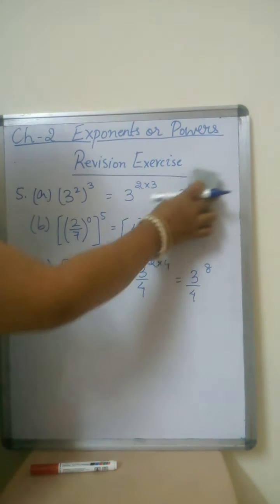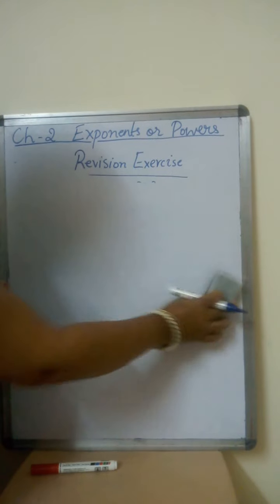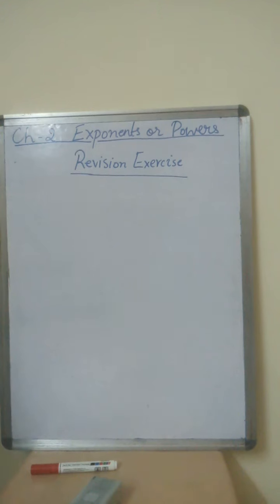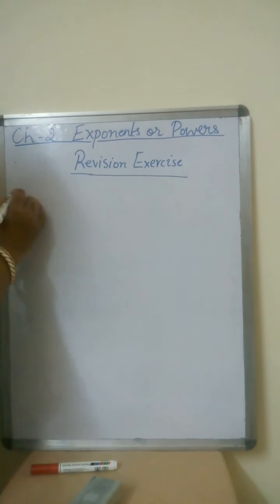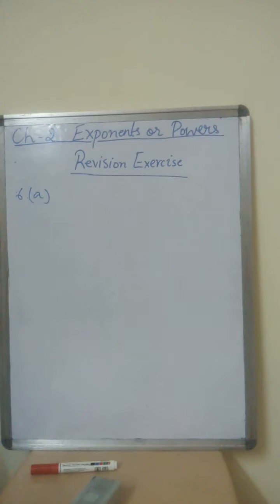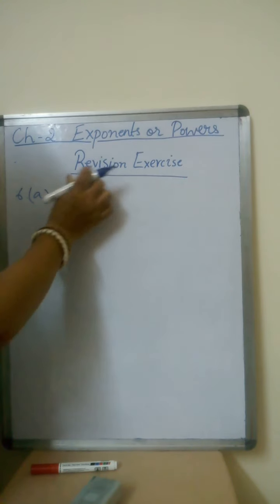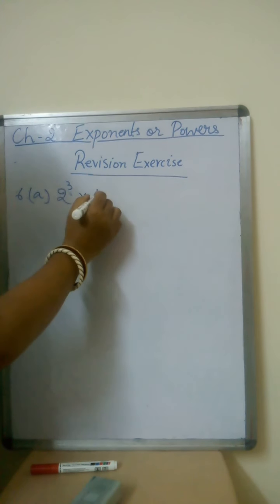Next we come to question number 6. So what is there in question number 6? In question number 6 we have: simplify the following and write the answer in exponential form. Okay, so number 6a. What is the number given? It is given 2 to the power 3 into 4 to the power 3.